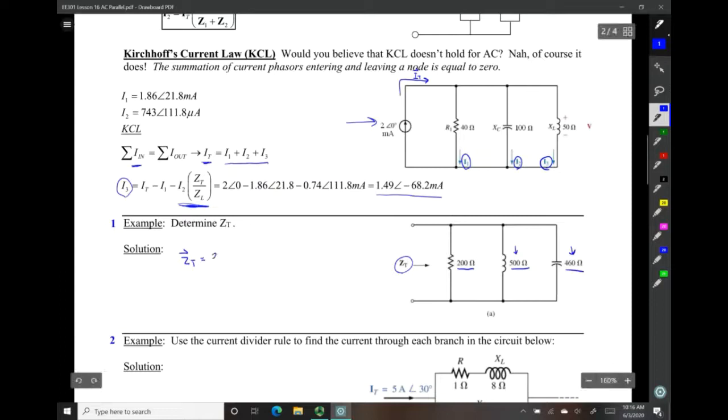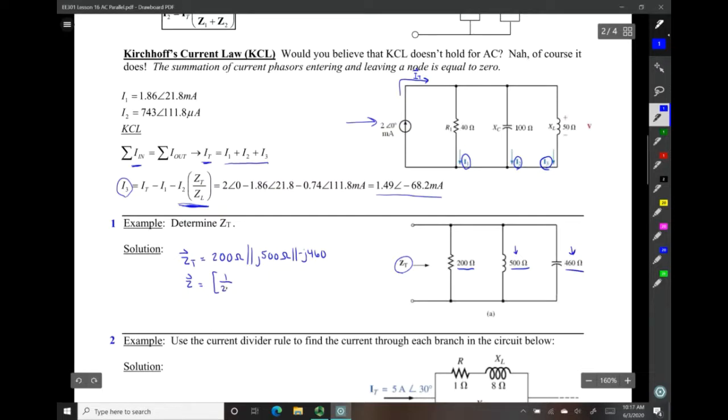which will show that we have these 3 terms all in parallel. So we go ahead and rewrite this, plugging in our inverse values.